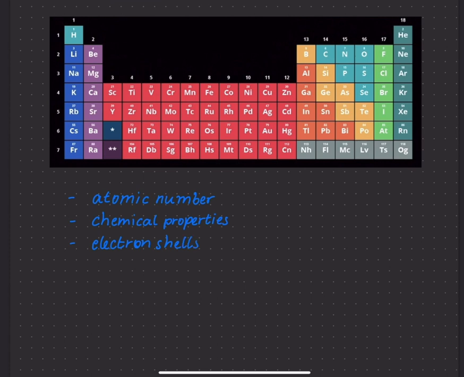Along the groups, we have the chemical properties, and the electron shells are along the periods. The groups are the columns, and the periods are the rows.